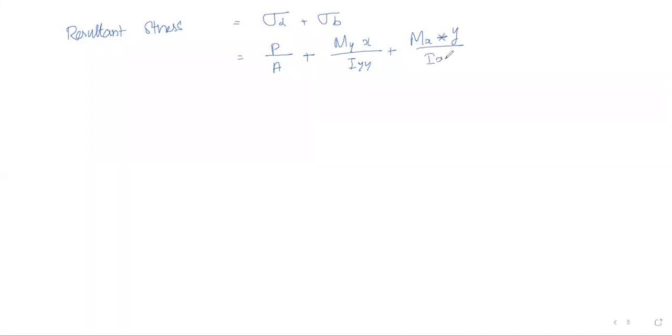The resultant stress formula is equal to direct stress sigma d plus sigma b, where sigma d is equal to P by A. Then sigma b becomes My into x by Iyy plus Mx into y by Ixx.